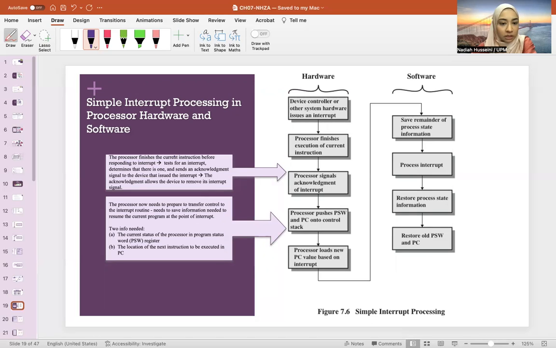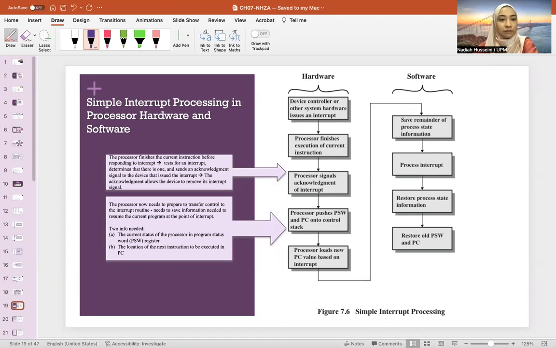The processor finishes the current instruction before responding to the interrupt, like I told you before. Now, whenever it issues a command and goes to do something else, the I/O module is processing whatever request it was given, and when it is done, it will go to the processor and interrupt the processor. Hey, I'm done. Please look at my request.